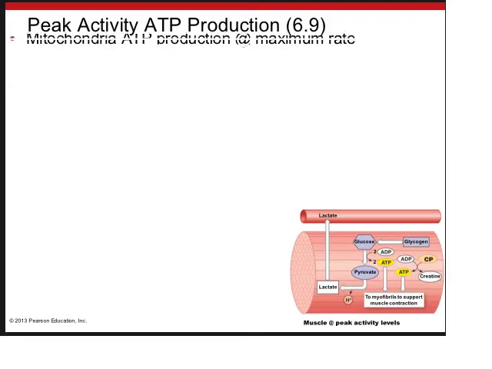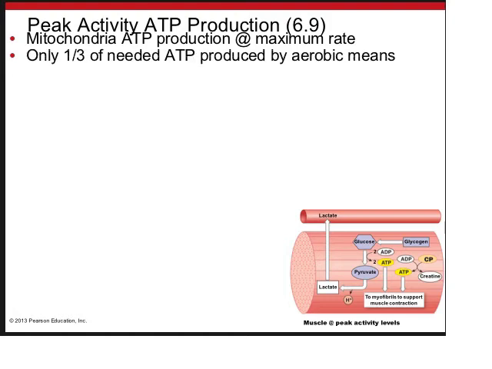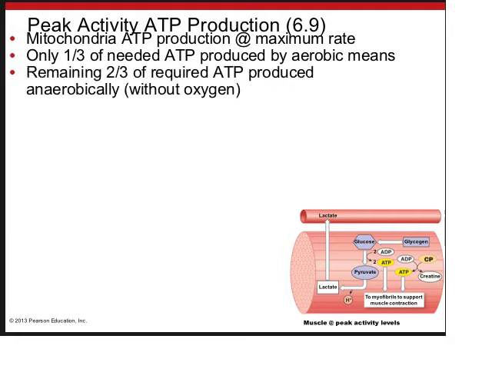Now at peak activity, the mitochondria are producing ATP at a maximum rate. Only a third of the needed ATP is produced by aerobic means. The remaining 2/3 of ATP are produced anaerobically via the reactions of glycolysis, which happens again in the cytoplasm of the cell.